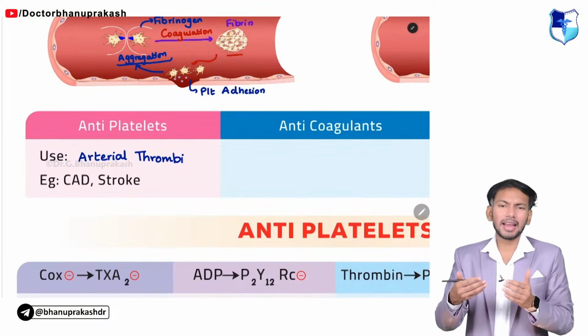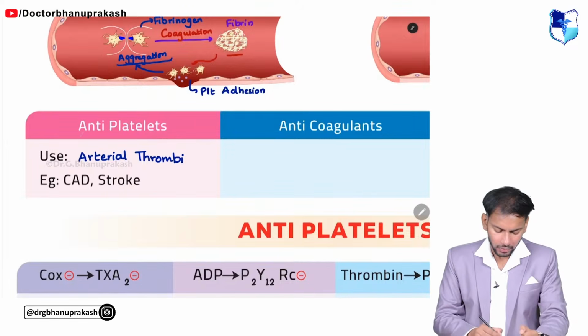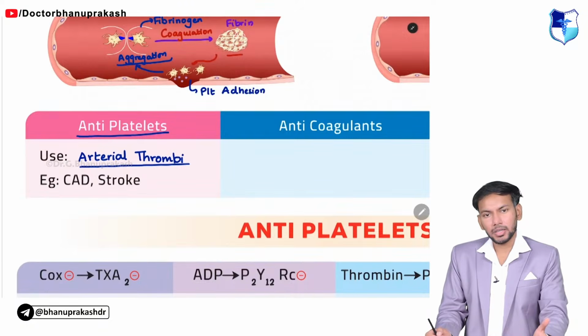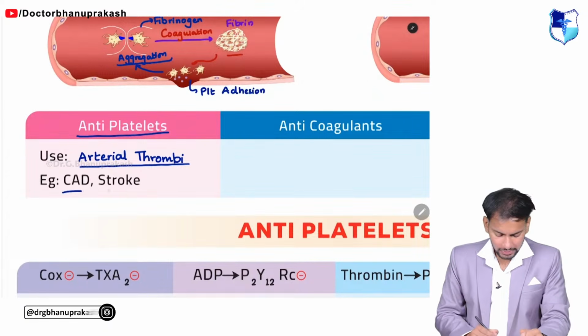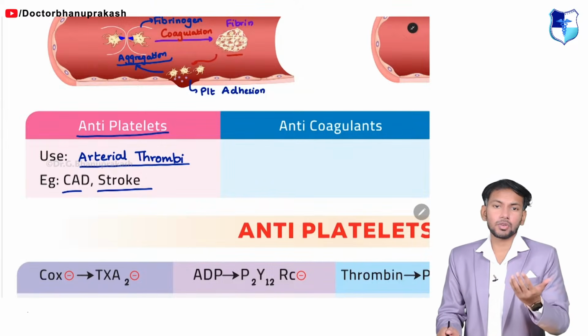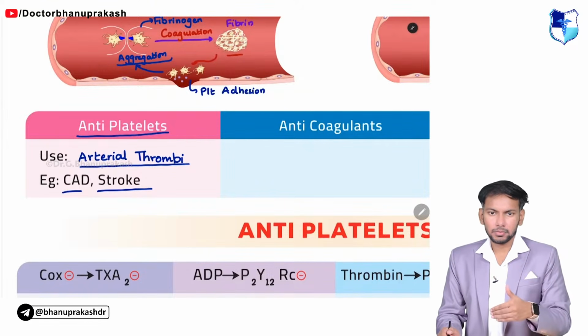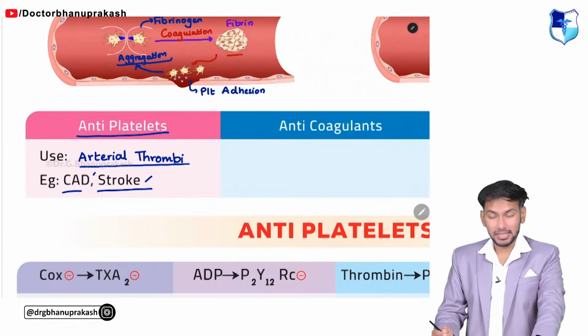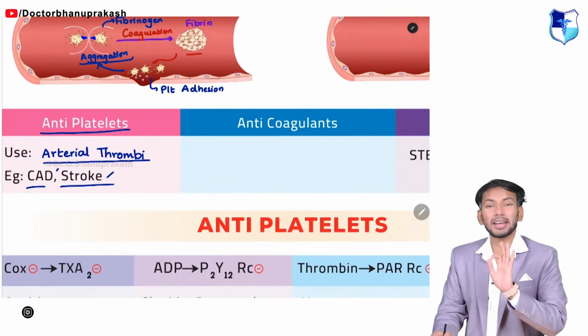Obviously, the drugs acting on the platelets. That is why we tend to use antiplatelets for arterial thrombi. Examples are CAD, coronary artery disease, and stroke, because these happen in the arteries of brain and heart. Did you understand? So, in the brain it is stroke, in the heart it is coronary artery disease. That's all about the arterial thrombi.